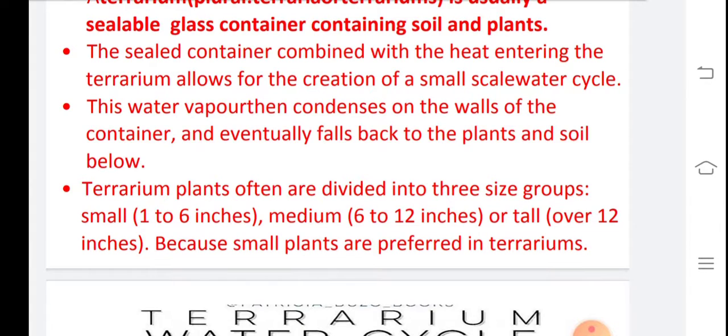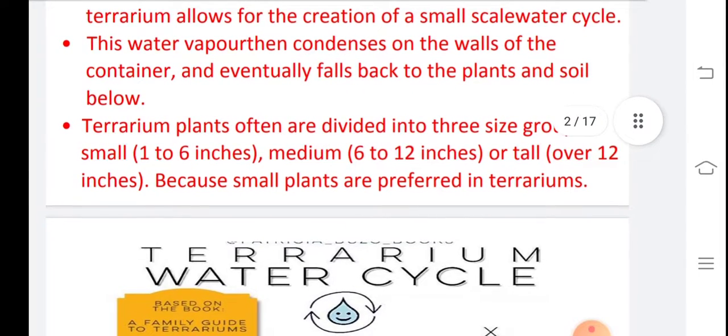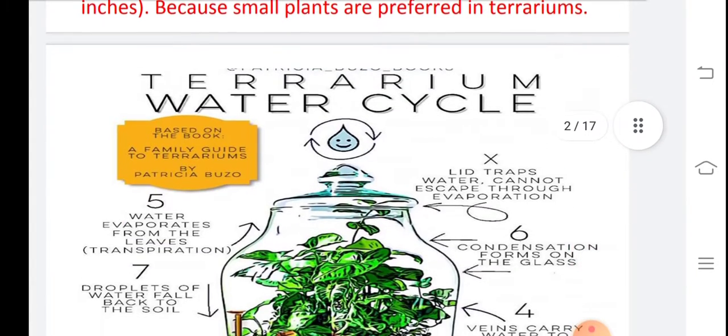There is no need of direct light, but diffused light is important. Diffused means light after reflection. These terrarium plants generally grow up to 1 to 6 inches in height, and they are suitable for this type of garden.